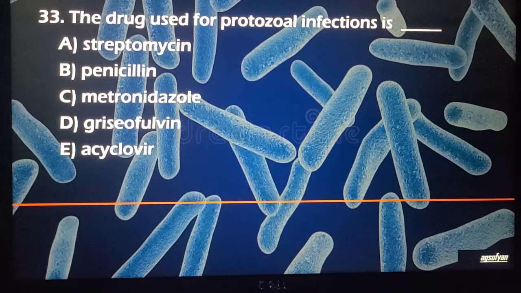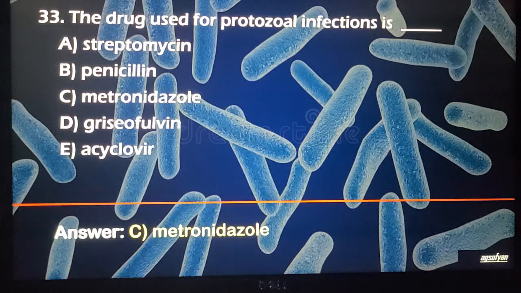Number 33. The drugs used for protozoal infection is A. Streptomycin, B. Penicillin, C. Metronidazole, D. Griseofulvin, and or E. Acyclovir. Choose your answer.